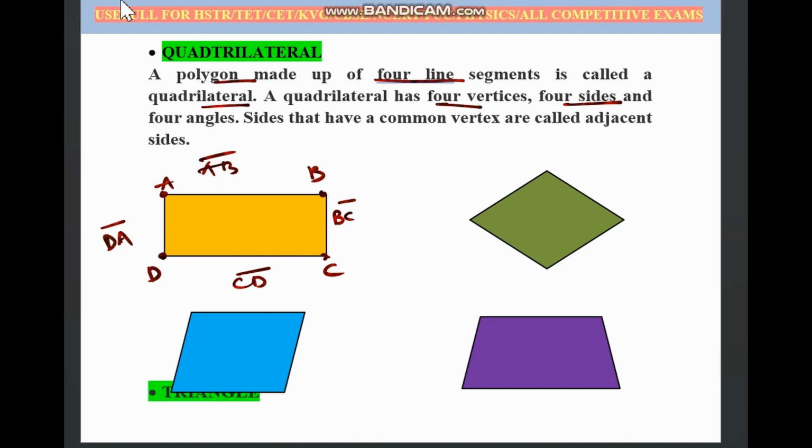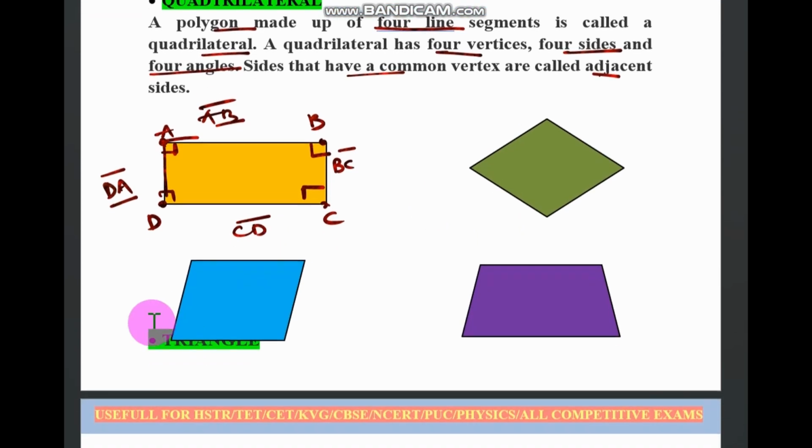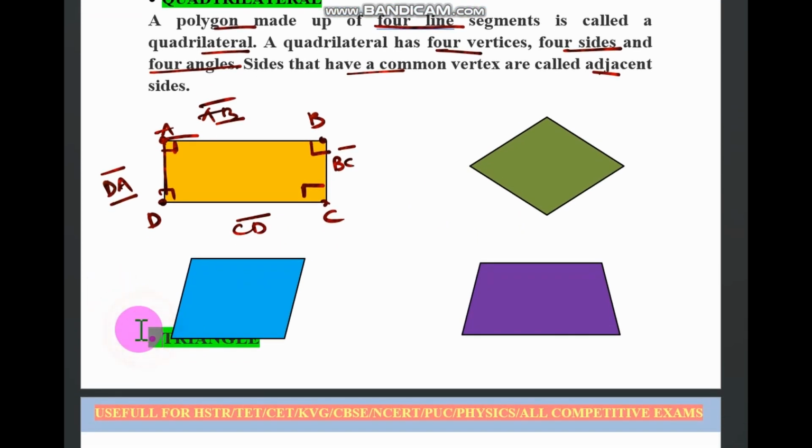These are four sides and four angles. So this is one angle, second angle, third angle, and fourth angle. Sides having a common vertex are called adjacent sides. If A is common for sides AB and DA, then AB and DA are called adjacent sides. Like this, we have other examples of quadrilaterals also.